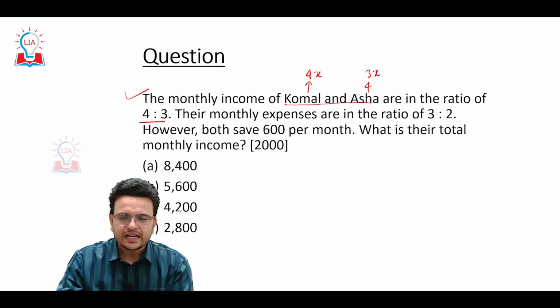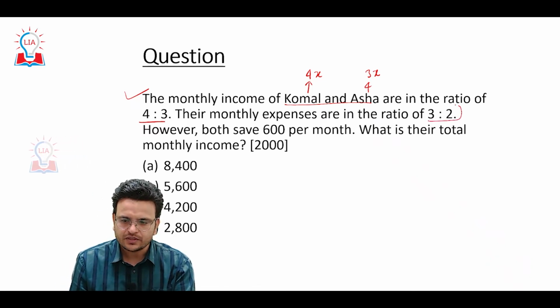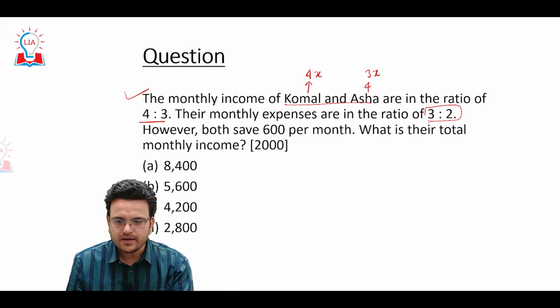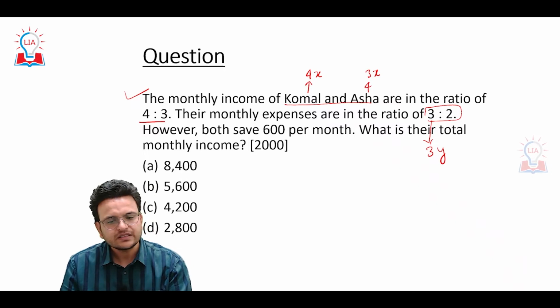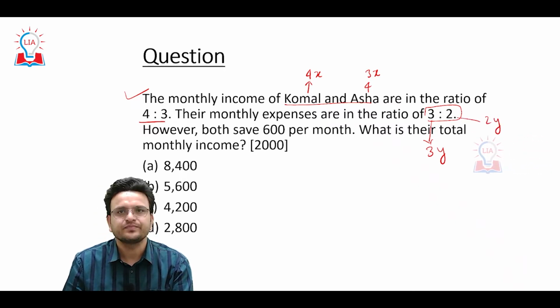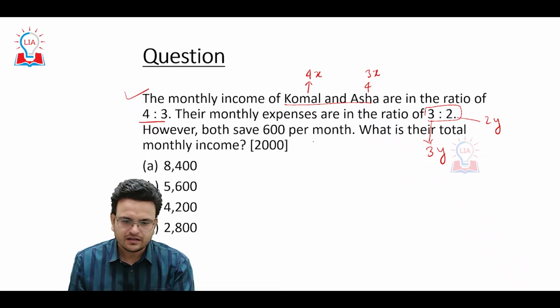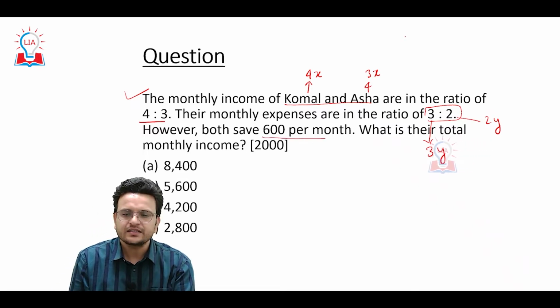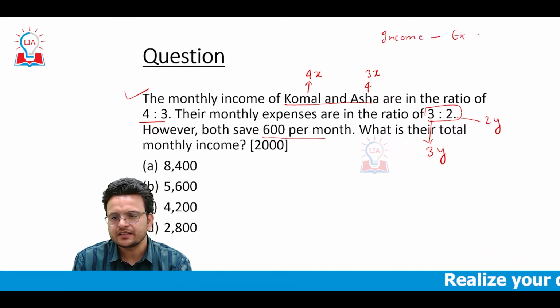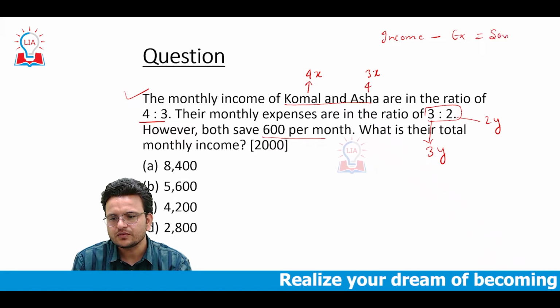Their monthly expenses are in ratio, so we can say that the monthly expenses of Komal is 3y and of Asa is 2y. Then saving: we know that income minus expenditure equals saving.